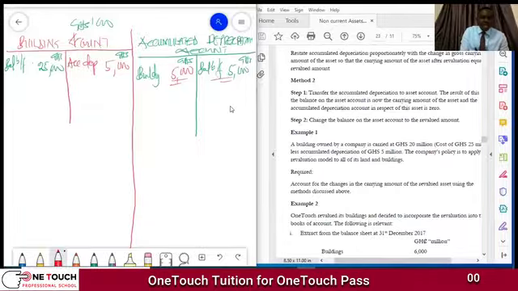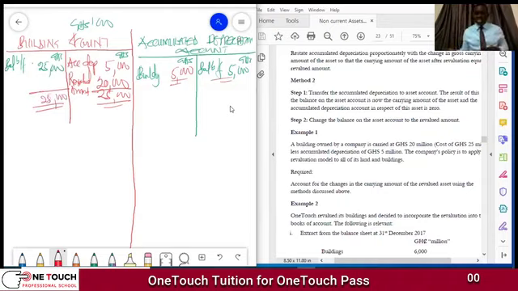So here, at the end of the day, the difference on this account is the revalued amount, which is 20,000. So we have 25,000. Okay, so that is how you can change an asset value to the revalued amount.